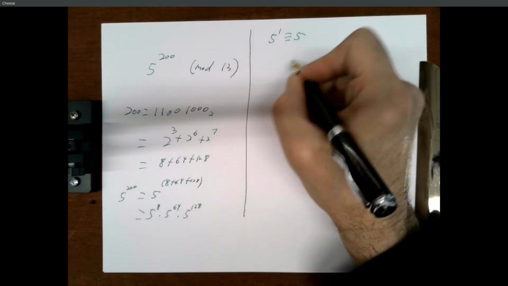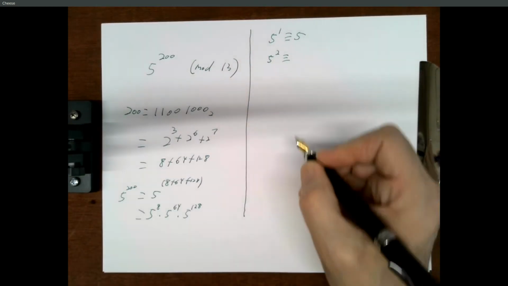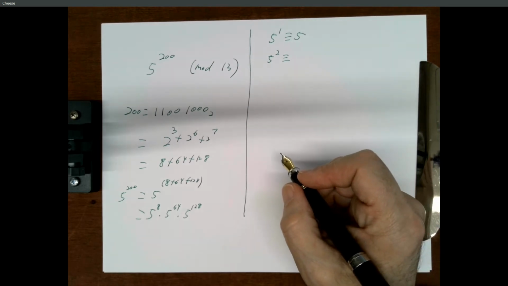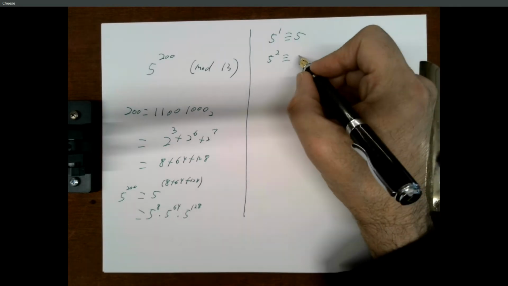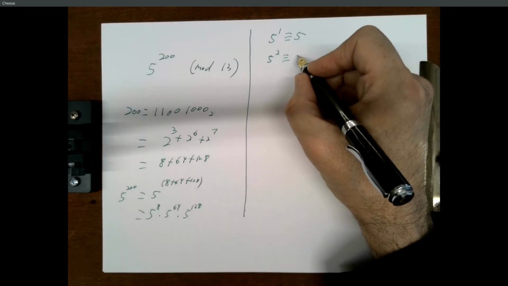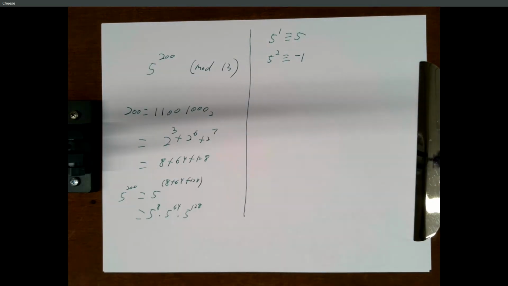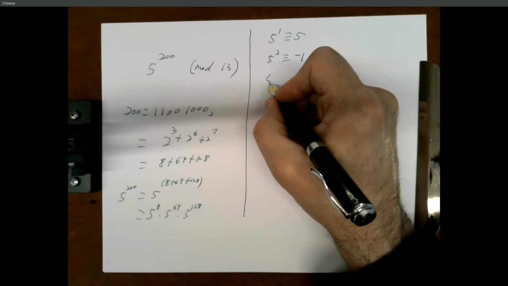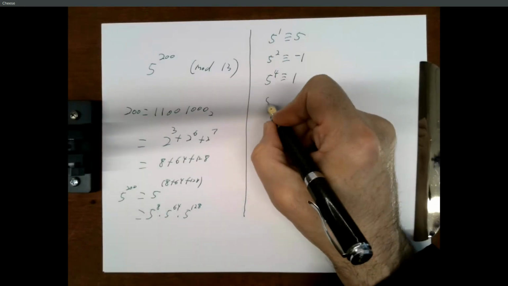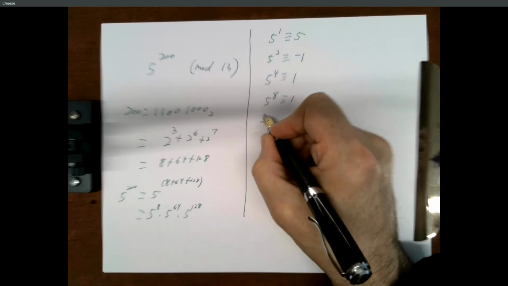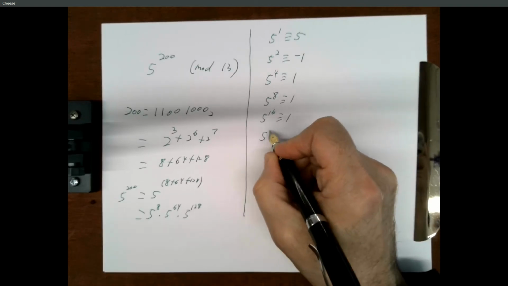So 5 to the first is 5. 5 squared is 25, which is 1 less than 26. So I'm going to call that -1 because that's easier to work with. 5 to the 4th will be 1. 5 to the 8th will be 1. 5 to the 16th will be 1.